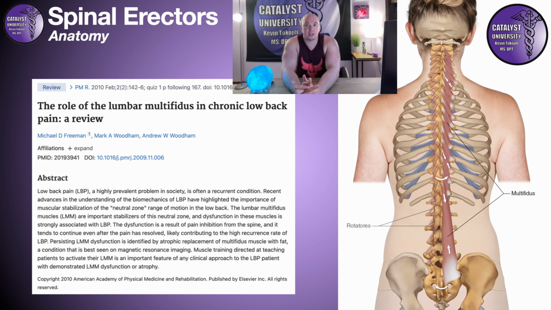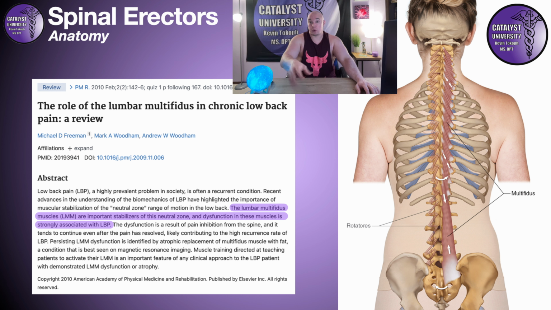Remember, plural is multifidi. But here is a systematic review, the role of the lumbar multifidus in chronic low back pain. And what they found here is that the lumbar multifidus muscles are important stabilizers of the neutral zone of the low back. That's the part of the low back where everyone focuses on keeping it neutral during, let's say, a deadlift or a heavy lift of some kind, right?